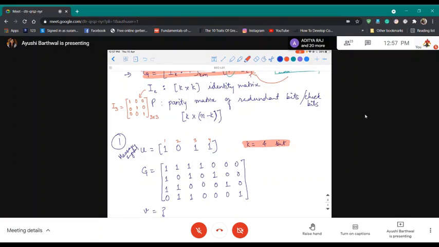So you can see from here that this is your identity matrix of order 4, and the remaining part will be your parity or check bit matrix.